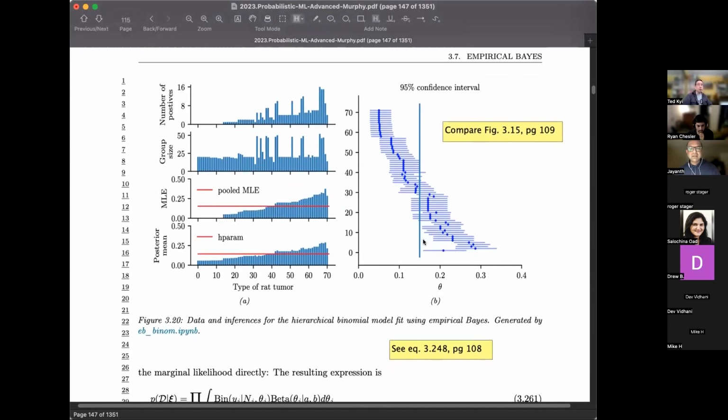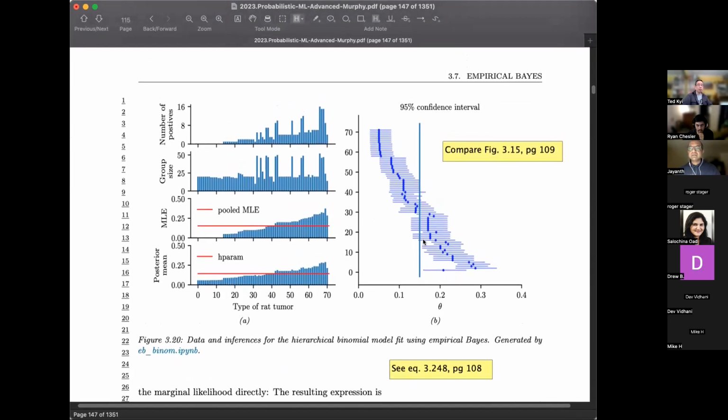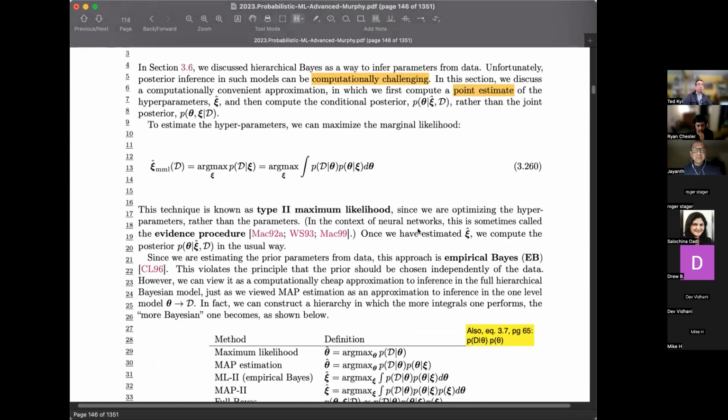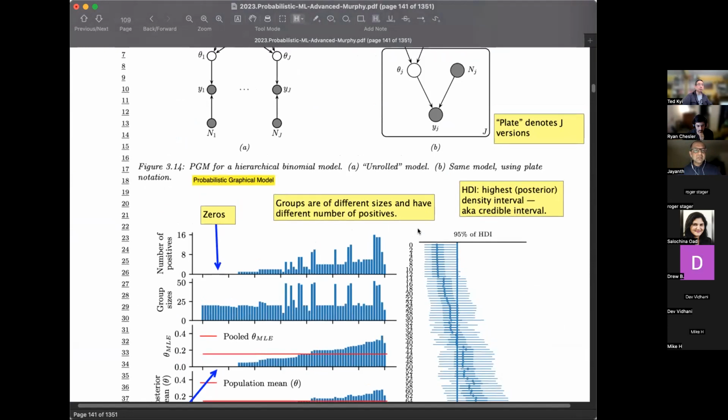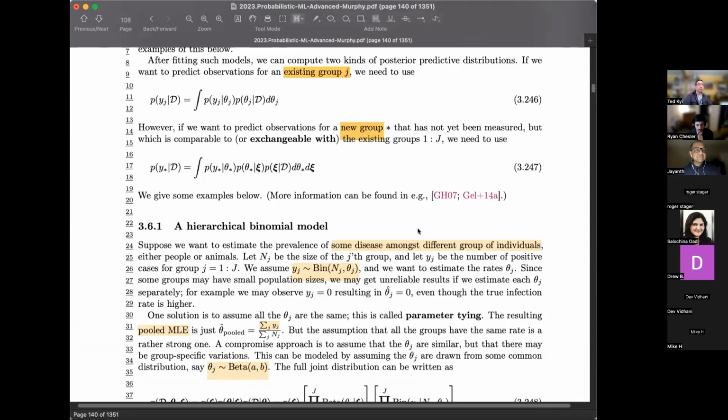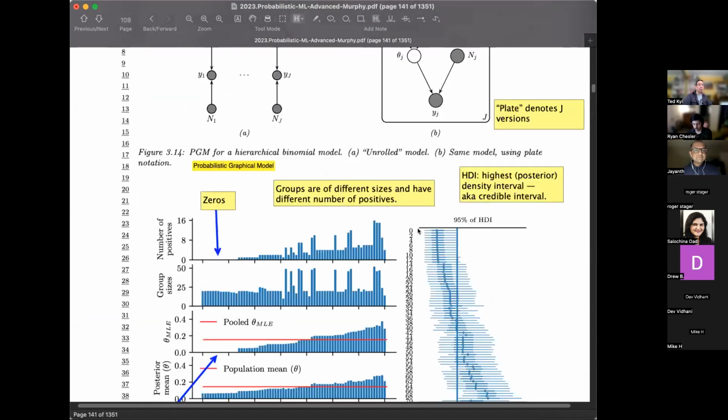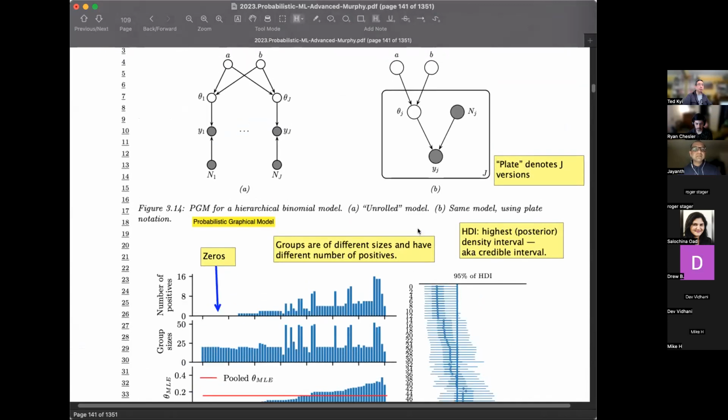So this is the one where we had the psi that was a beta distribution? Yes. So let me go back and double check that. Yeah, A and B is your beta distribution.